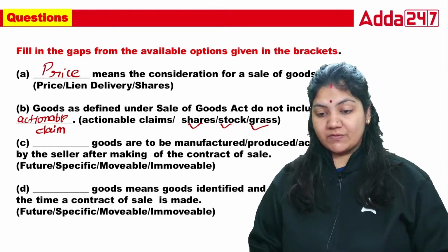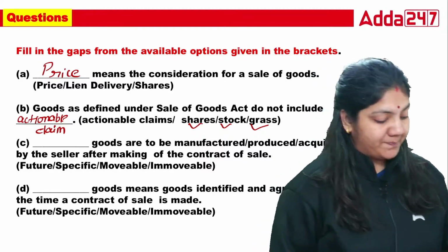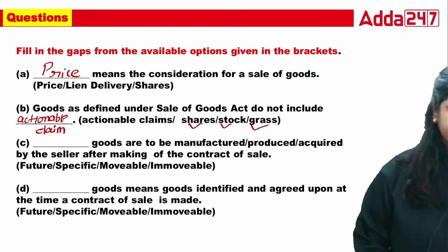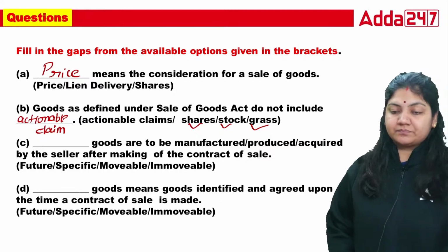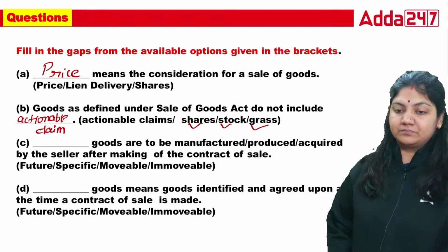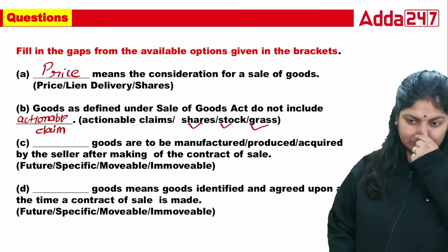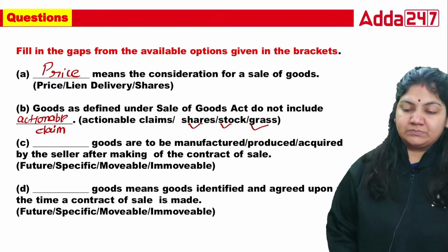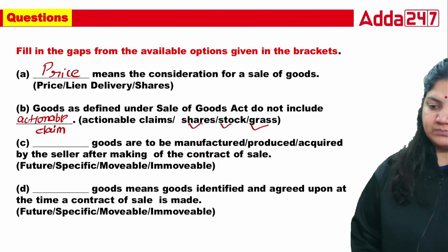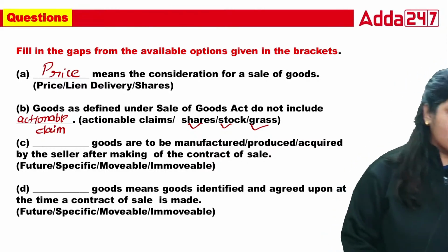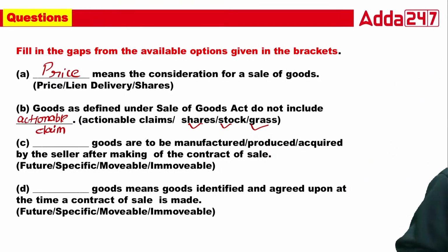Future, specific, movable or immovable? What is the right answer? After making the contract of sale. So class, this is called future goods.